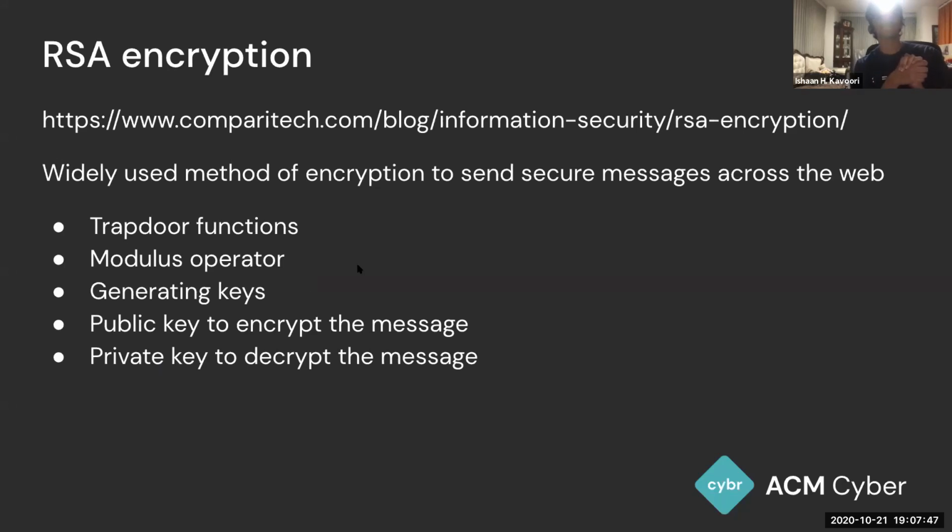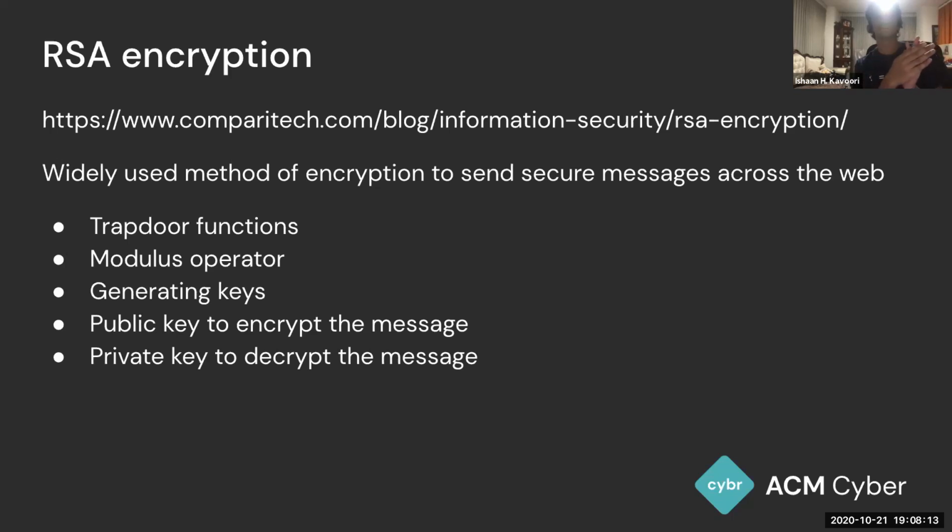I'm going to walk you through a very bare bones example that demonstrates the math behind how an asymmetric encryption technique like RSA works. But basically, the idea behind encryption across the web is that, unlike the previous ciphers that I've shown you, you need a key to encrypt a message, but a different key to decrypt it.